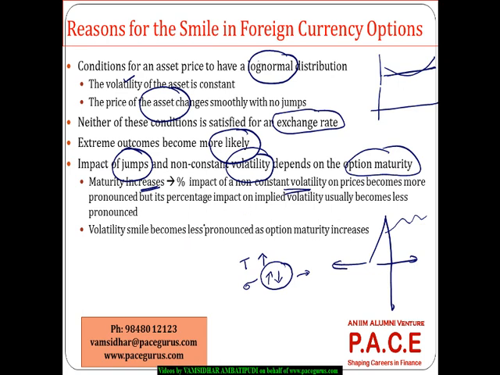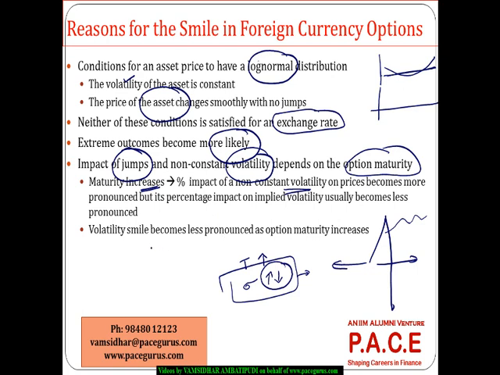So generally you will find the higher the time to maturity, the impact of this non-constant volatility is much higher. But when we look at it from a percentage impact perspective on the implied volatility, that becomes much lesser, because if the implied volatility is changing with time, the impact of that is much lesser.